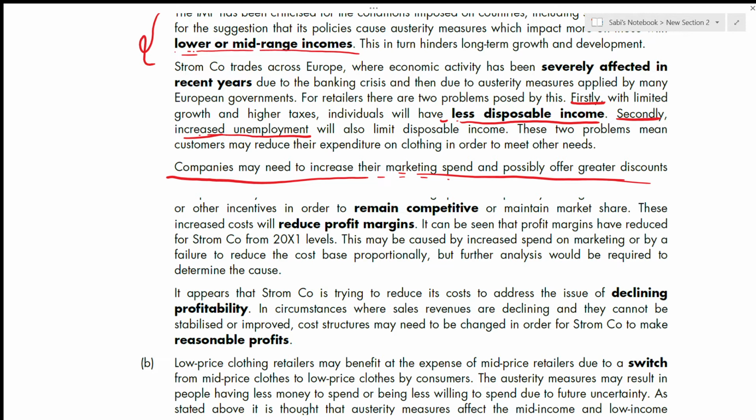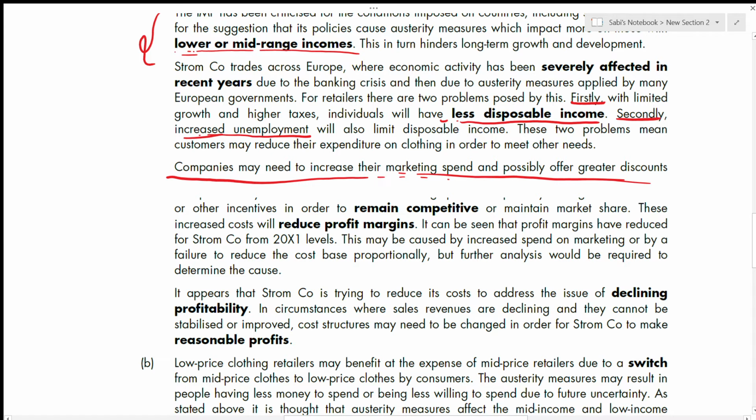So you don't need to give recommendations on how to improve the condition, but this is for your learning purpose, you can read it. But I will just quickly go through it. Companies may increase their marketing spend and positively offer greater discounts or other incentives in order to remain competitive or maintain market share. This increased cost will reduce profit margins, right?